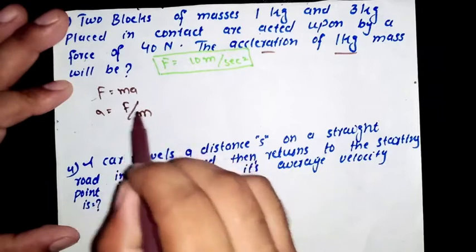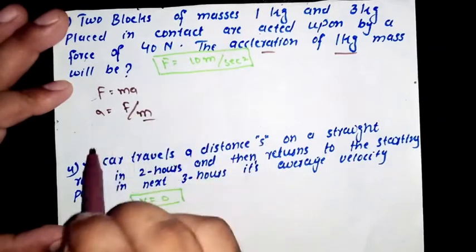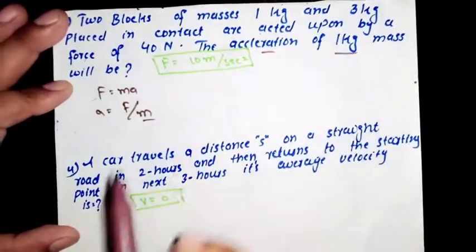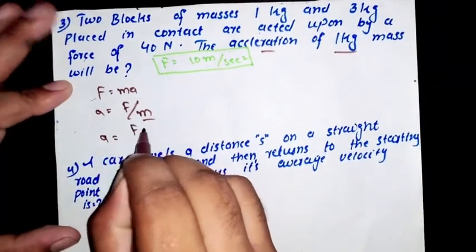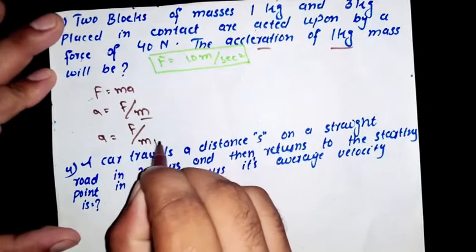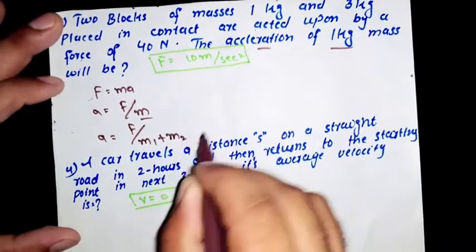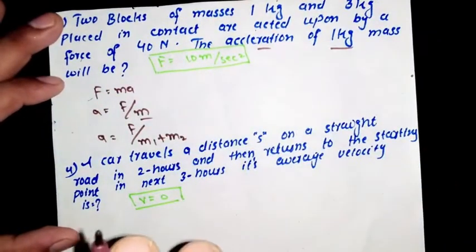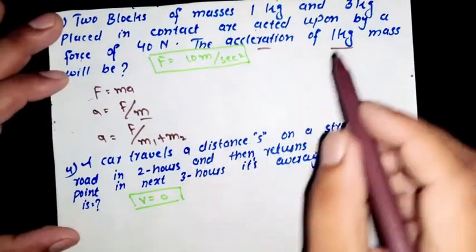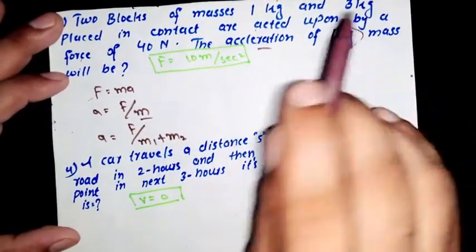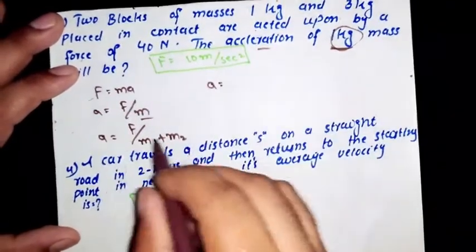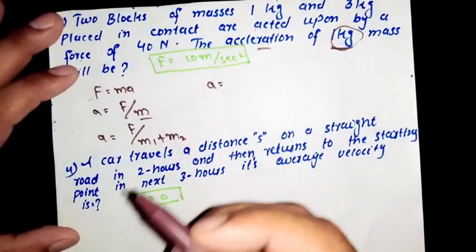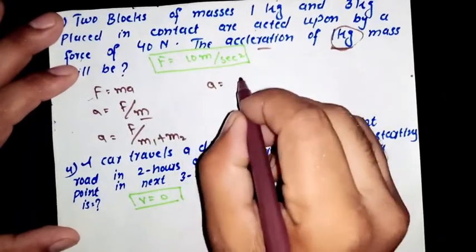So force is given 40 Newton and the two masses are in contact, so we will take their sum. So this formula will become F divided by m1 plus m2, because these two masses are in contact, and that 1 kg mass is given just for confusion. So we will put the values in this formula.